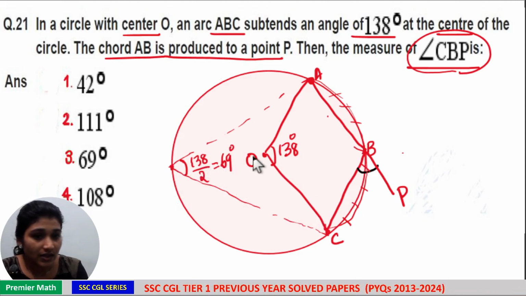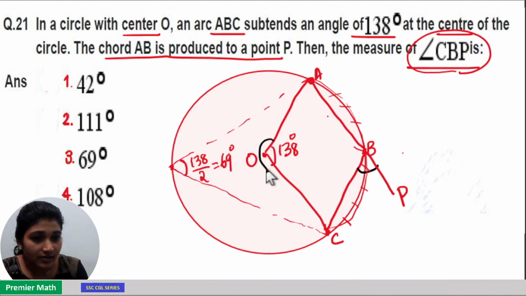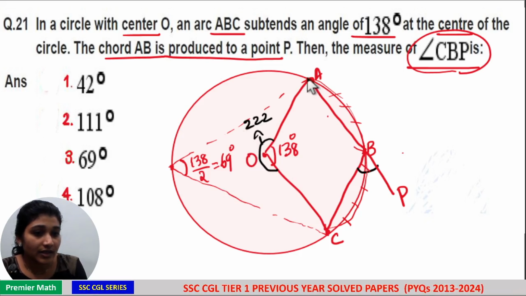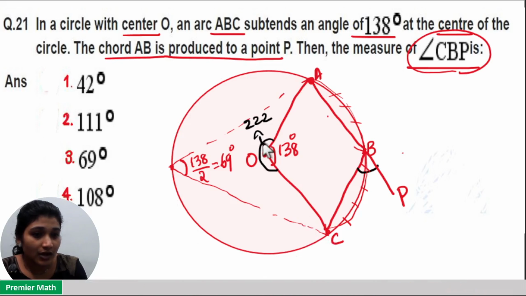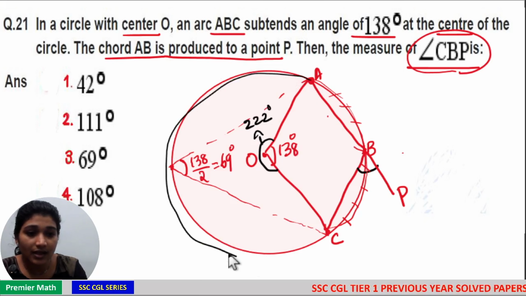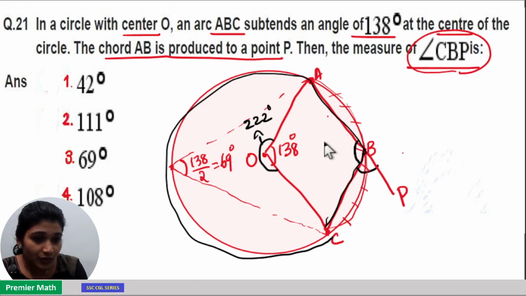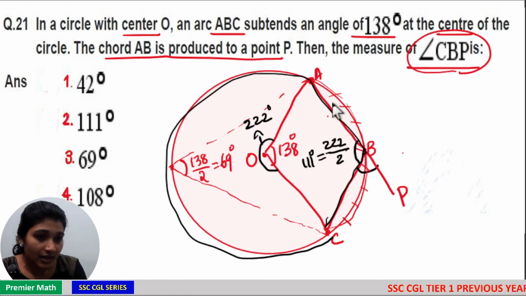Now, if you look at this, here this angle is equal to 360 minus 138, which is equal to 222 degree. Now, this arc AC produces 222 degree at the center of the circle, which means the same arc AC will produce half of 222, that is 111 degree, at the opposite part of the circumference of the circle.